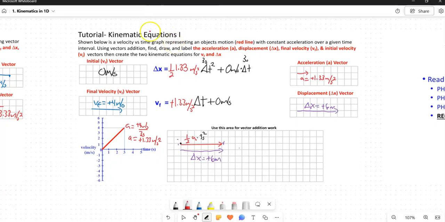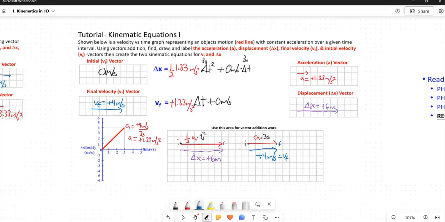Since we already know it, for the final velocity vector, we have 0 meters per second, which is this, and then we add to that the acceleration delta t, which is 1, 2, 3, 4. So this is the acceleration times 3 seconds. If we started here, we ended here. This is the final velocity vector, which we already knew, but just making sure we could do it that way. There's a lot of ways to do these things.